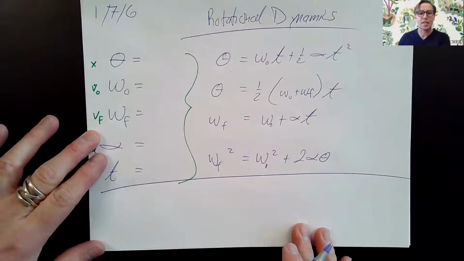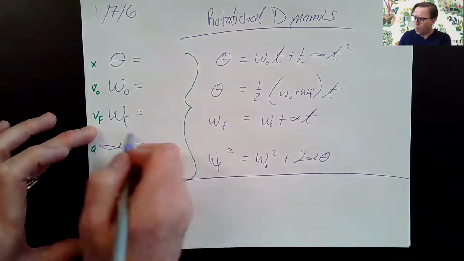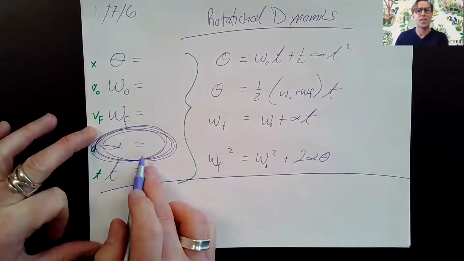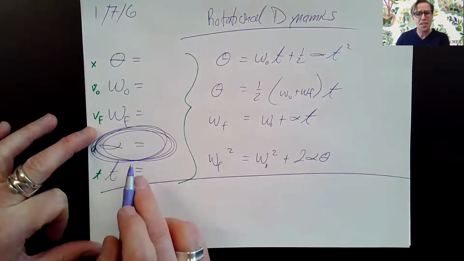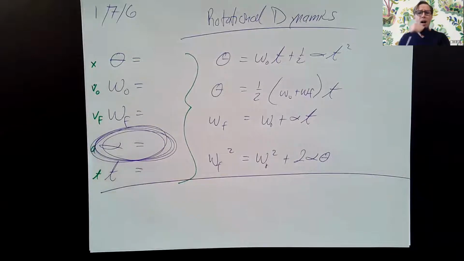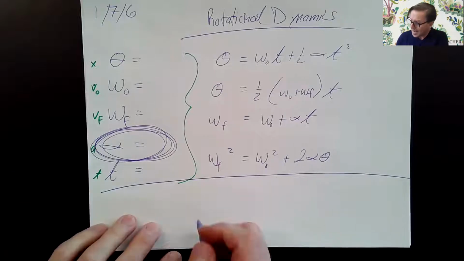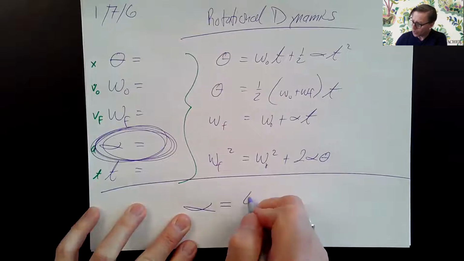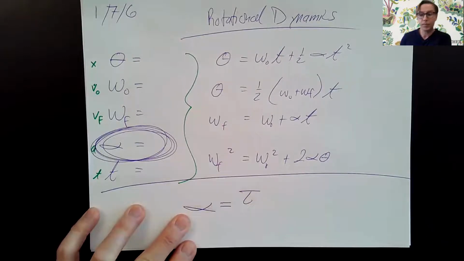Rotational dynamics addresses the question: what is the cause or the source of this angular acceleration? Why, if something's rotating, does it rotate faster and faster, or slower and slower? The reason, we said, was that angular acceleration is caused by torque.